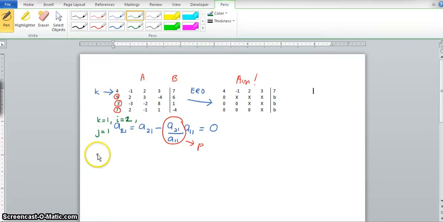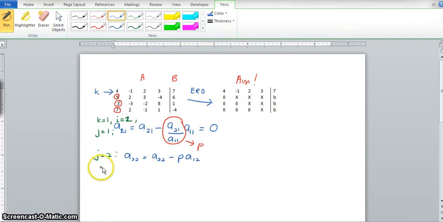Let's say for J2, A22 is equal to A22 minus P times A12. This one, the element above the A22.